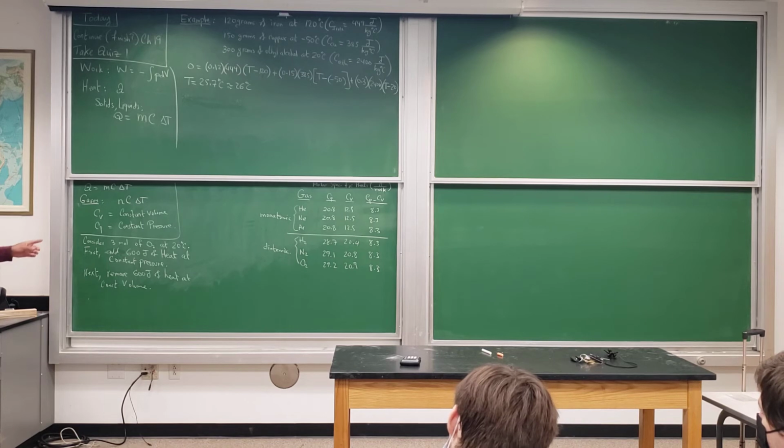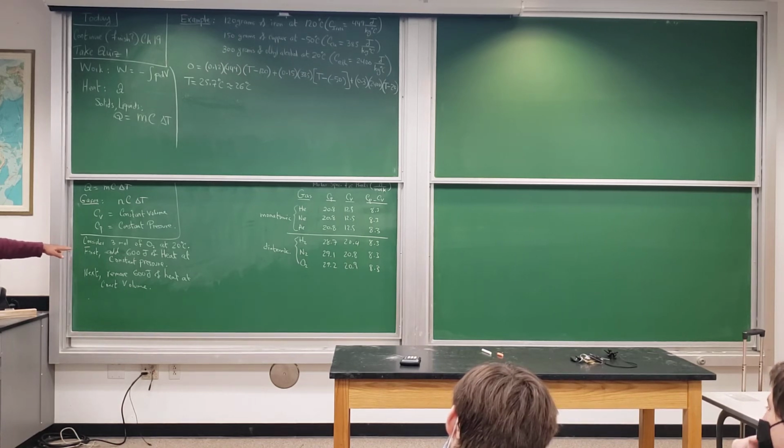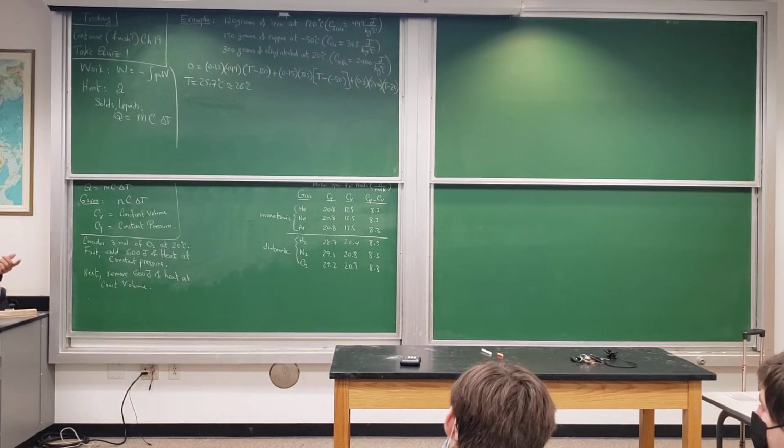As you expect, when you put 600 joules of heat in at constant pressure, the temperature is going to rise. And then when you take out the 600 joules of heat, the temperature is going to drop. But because we have 2 different processes, you probably wouldn't have the temperature at 20 degrees again, right?